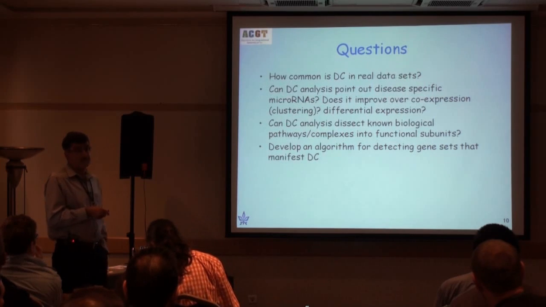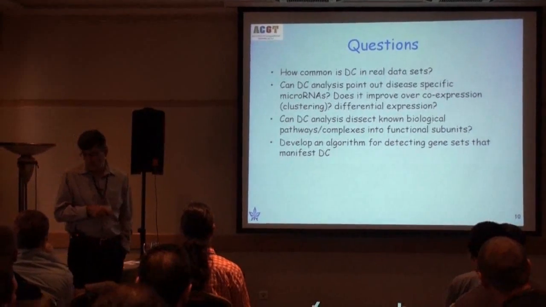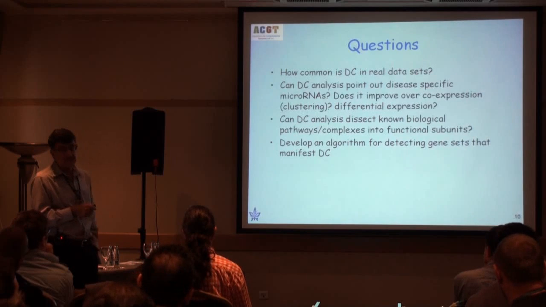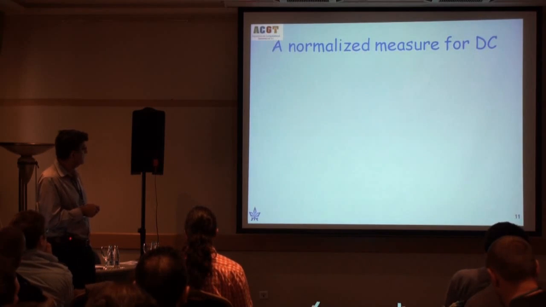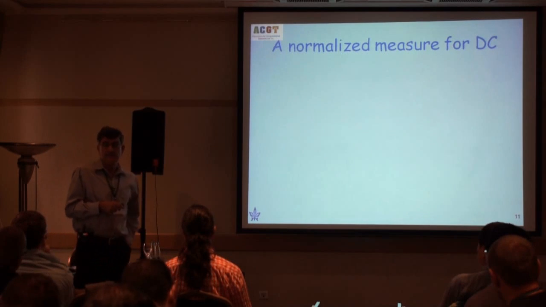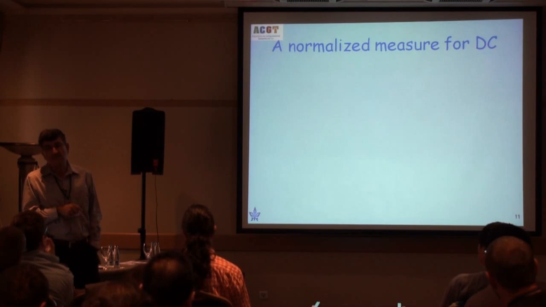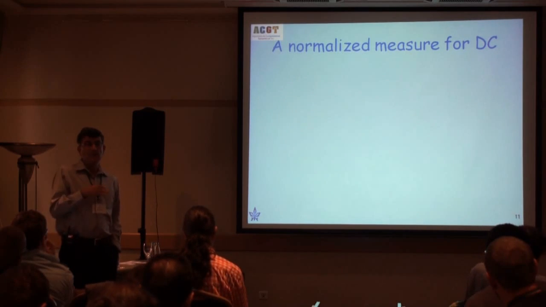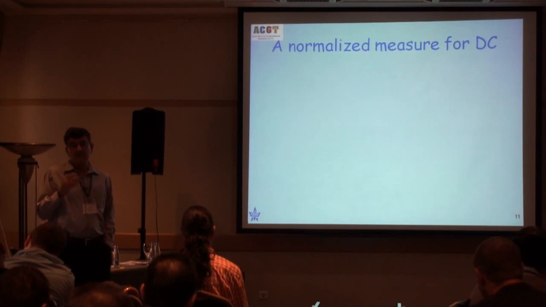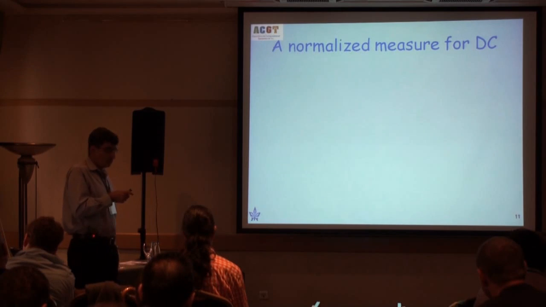And if the answer is yes, or actually to answer some of these, we wanted also to develop an algorithm that directly finds a gene set that manifests such differential co-expression. A particularly difficult or problematic issue in this type of analysis is how to calibrate your data, especially when we are talking about analysis that may be done across multiple classes or multiple data sets.